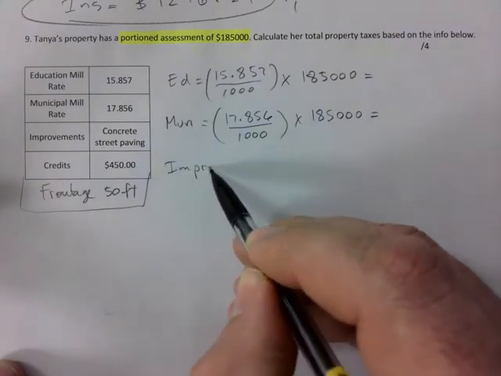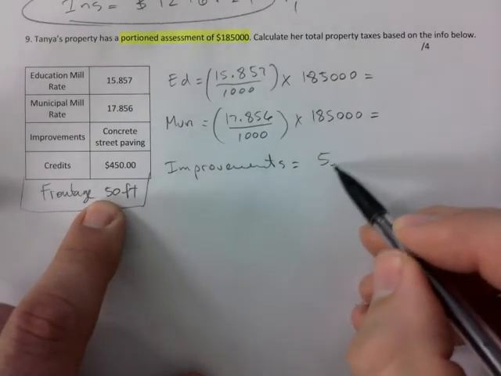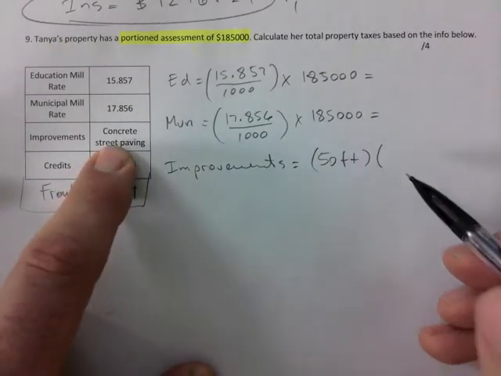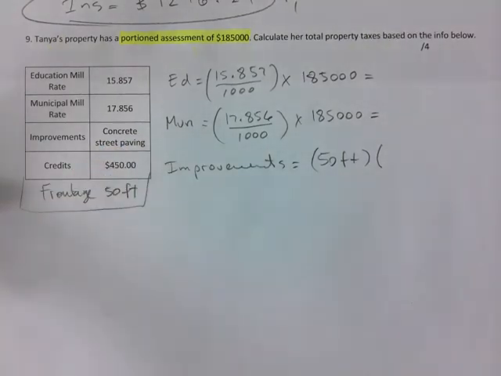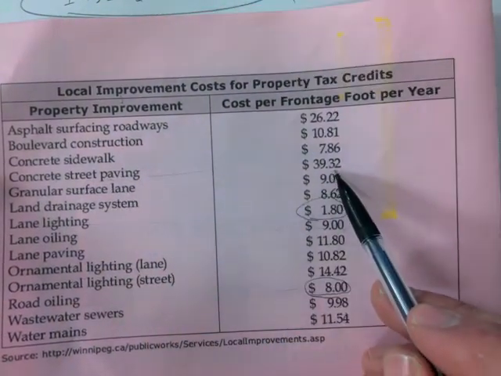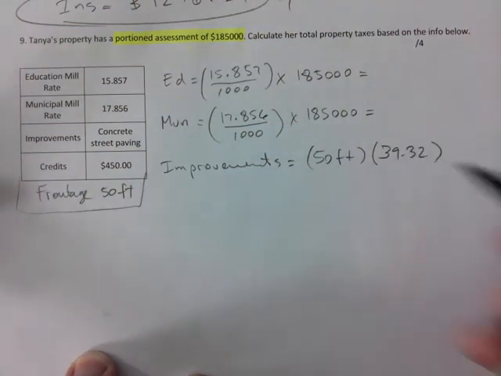Improvements, there's a 50-foot frontage, and for concrete paving, if you go look it up under your pink chart at the back, I have it as 3932. I'm just going to confirm. Concrete paving 3932. Some of you are multiplying like 3-4 numbers together. Don't do that, right?